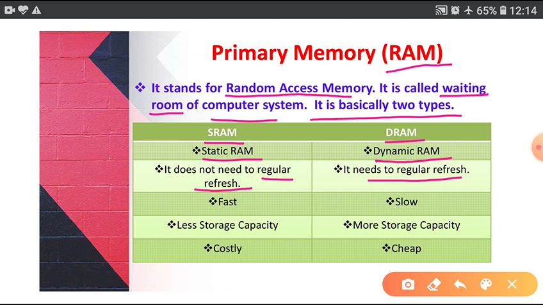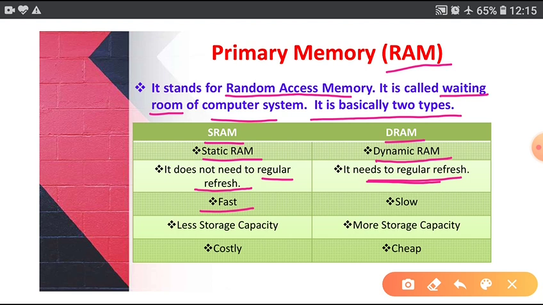This refresh is not done by the user. This refresh signal is generated by the operating system, by an internal mechanism. This is not done by the user.